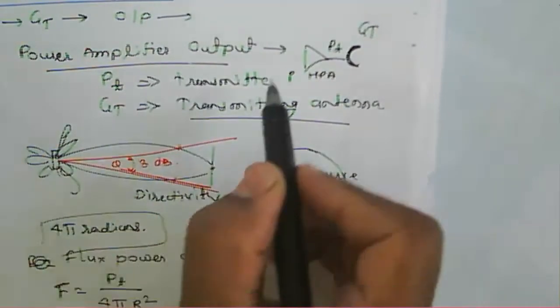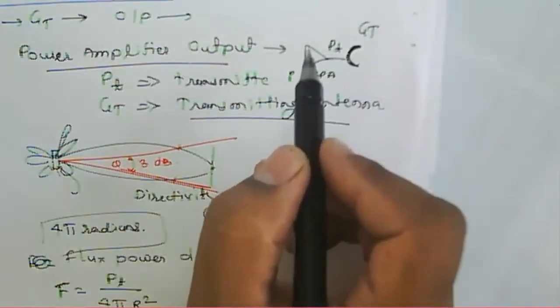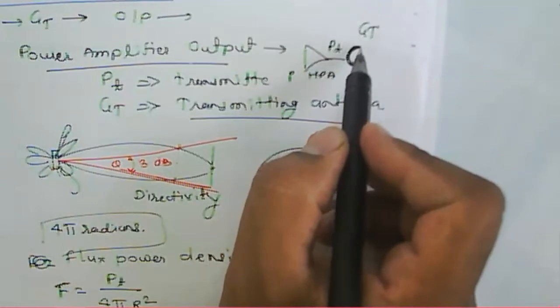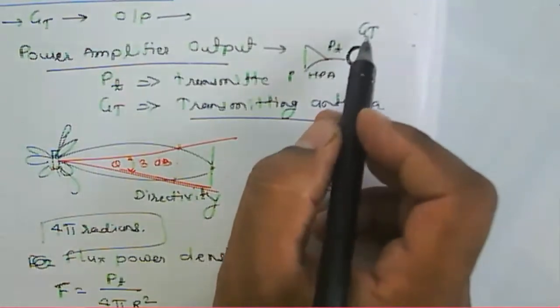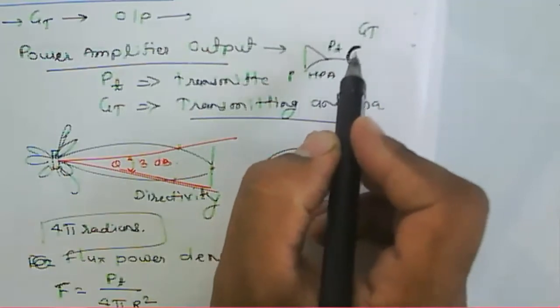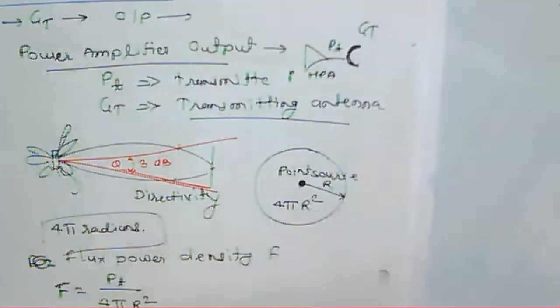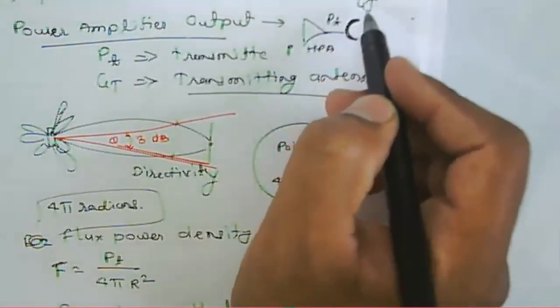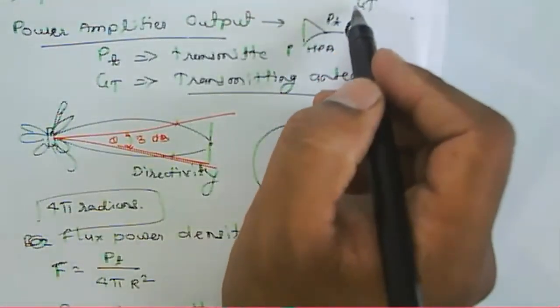Whichever power is applied to the antenna, all the power will not be radiated by the antenna. So that's why we should know what the effective aperture area, or effective radiating power, of this particular antenna will be.